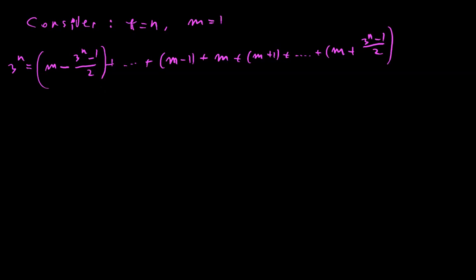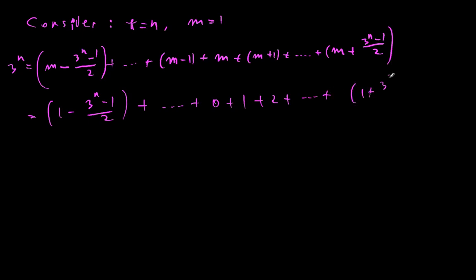Let's see. So this is 1 minus 3 to the n minus 1 over 2, plus dot, dot, dot, plus 0, plus 1, plus 2, plus 1 plus 3 to the n minus 1, all over 2.